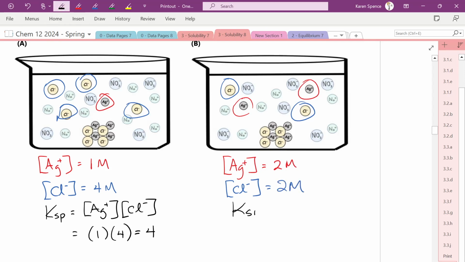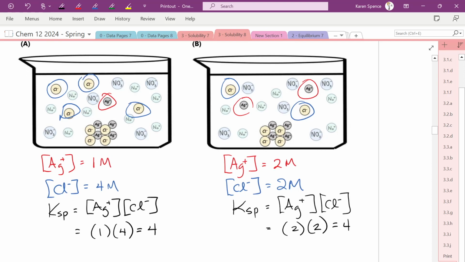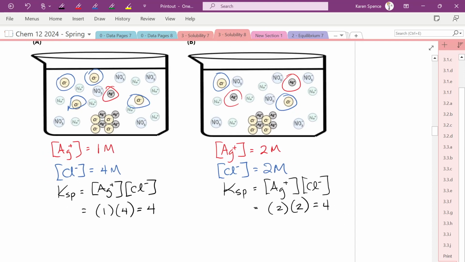And if we calculate our KSP, which is silver times chloride, we get 2 times 2 is equal to 4. So over here, KSP is equal to 4. Over here, KSP is equal to 4, because these are both saturated solutions.